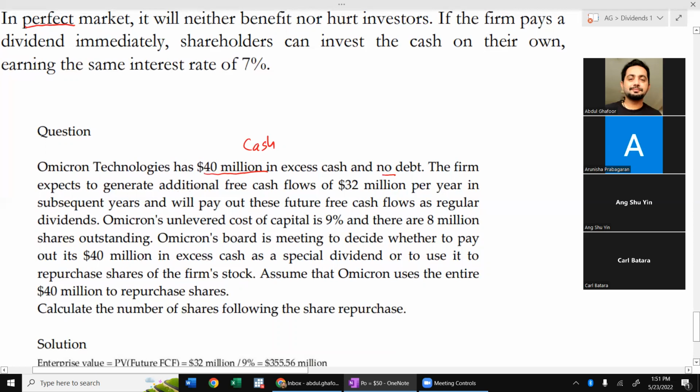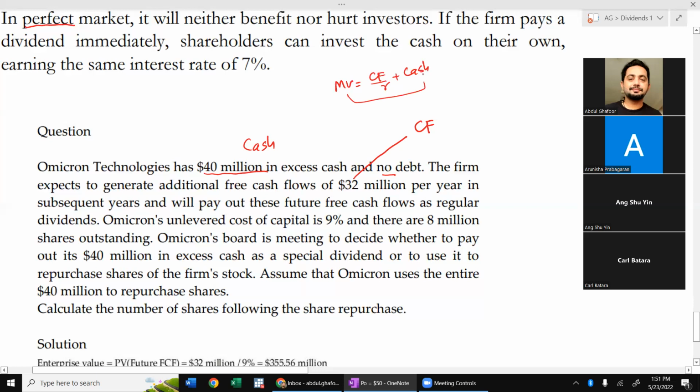The firm expects to generate additional free cash flow of 32 million per year in the subsequent years and will pay out these future free cash flows as regular dividends. So this is cash flow. Okay, so now you're getting it, because we know that we can also calculate market value through CF divided by r, plus cash. So it means that in the future, we may require this formula.